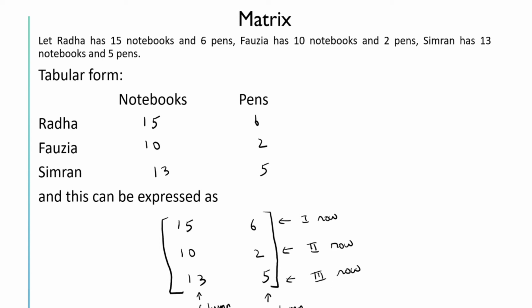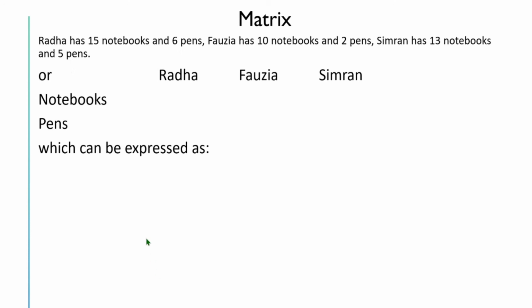So we can represent this tabular form this way, or let us take another tabular form. So Radha has 15 notebooks and 6 pens. Then Fauzia has 10 notebooks and 2 pens. Simran has 13 notebooks and 5 pens, which can be expressed as 15, 10, 13, 6, 2 and 5.